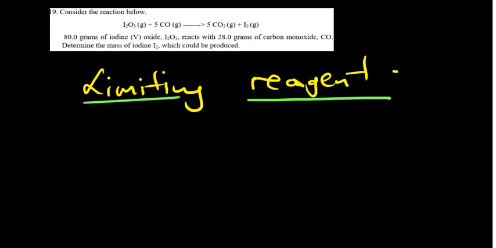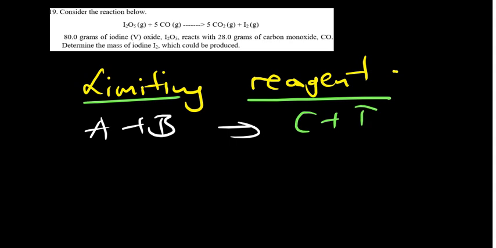So we need to understand that in a case where you have A plus B reacting in a chemical reaction to give us C plus D, it's very important for us to understand that either A or B will finish faster. It's not mandatory that they're going to finish at the same time.